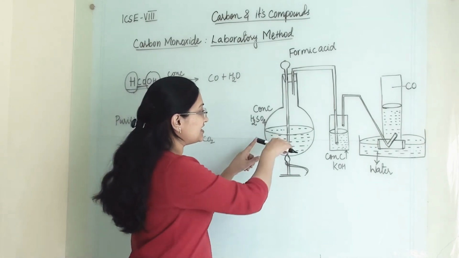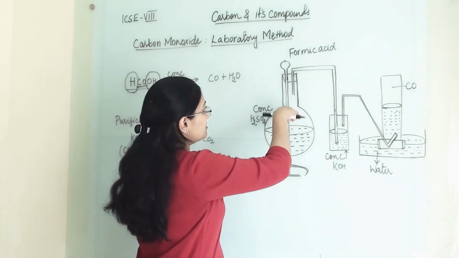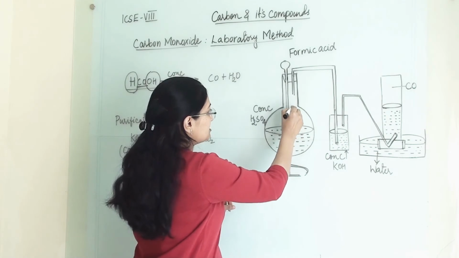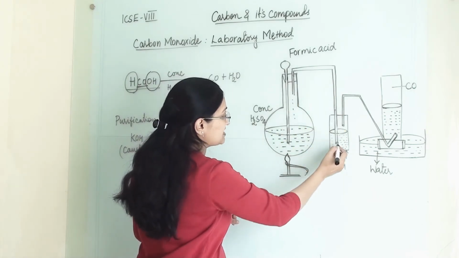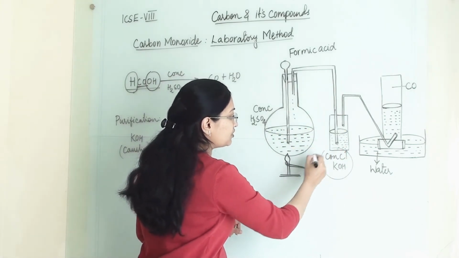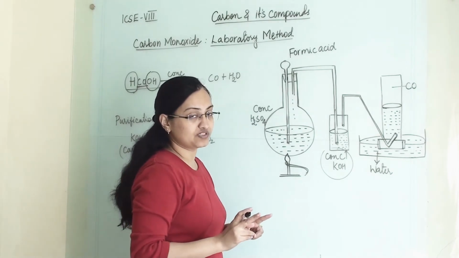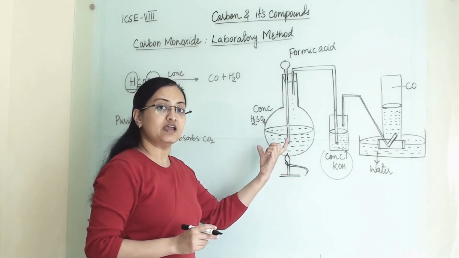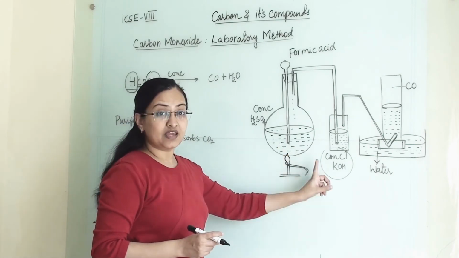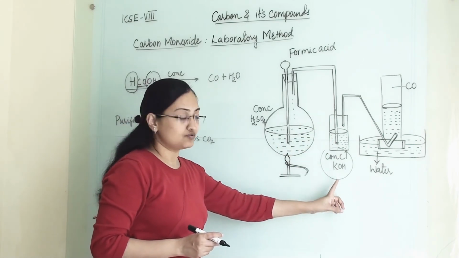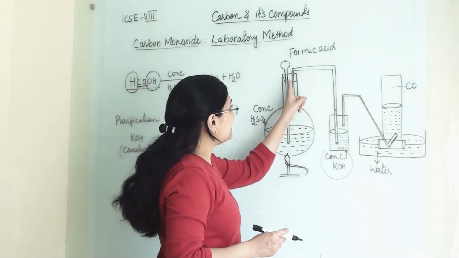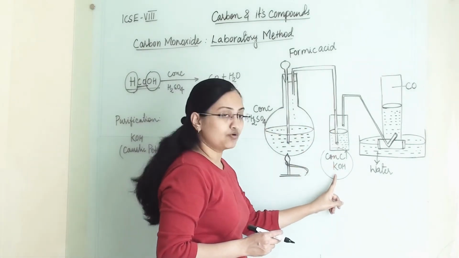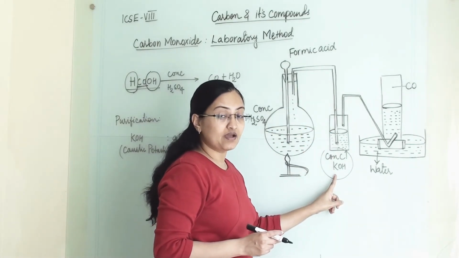When they react together, the gas that is generated is first passed through caustic potash, or potassium hydroxide. Why? Because if any carbon dioxide gas has been generated, that has to be eliminated. So we pass the gas delivery tube into concentrated KOH.